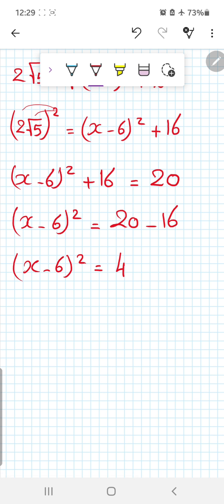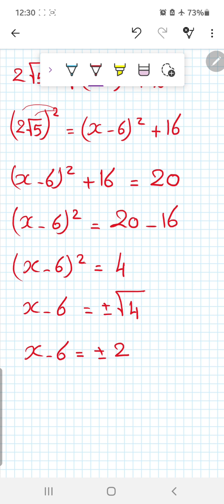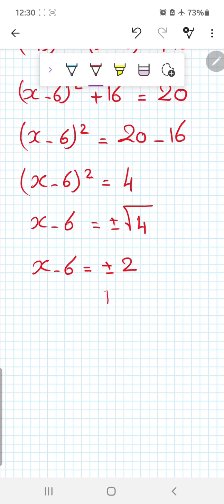We want to remove the power 2, so take the square root of both sides. When we take the square root, the power 2 is cancelled. Positive or negative square root of 4, so x minus 6 equals positive or negative 2. So here x minus 6 has two values: x minus 6 equals positive 2 and x minus 6 equals negative 2.